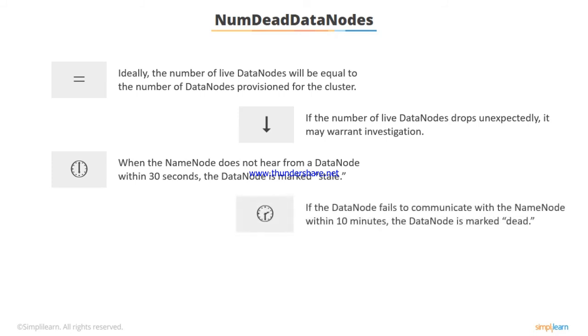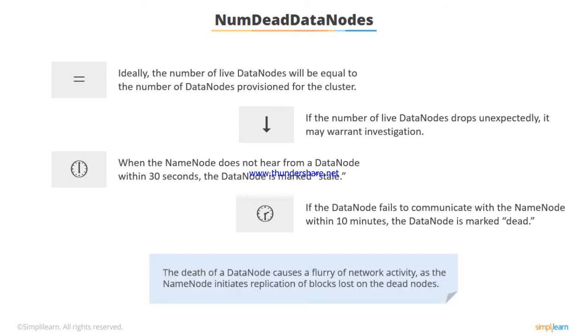If the DataNode fails to communicate with the NameNode within 10 minutes after the transition to the stale state, the DataNode is marked as dead. The death of a DataNode causes a flurry of network activity, as the NameNode initiates replications of blocks lost on the dead nodes. Though the loss of a single DataNode may not impact performance much, losing multiple DataNodes will be very taxing on cluster resources and could result in data loss.